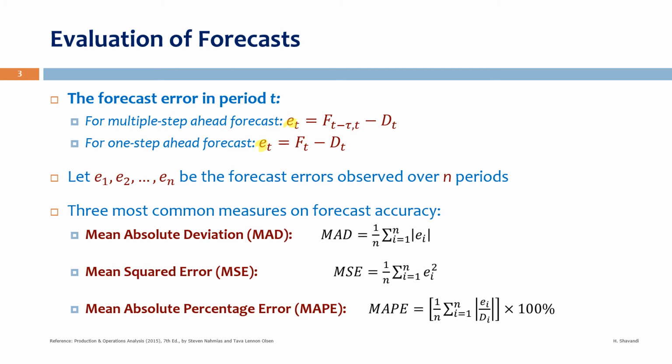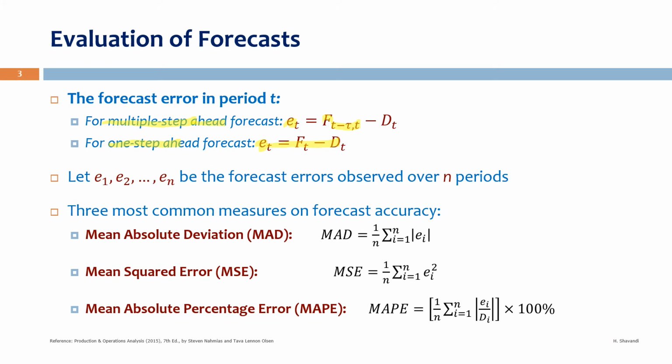So if we are considering a multiple steps ahead forecasting method, then E_t, the error at time t, will be f t minus tau, t minus d_t. Or if we have a one step ahead forecasting model, then E_t will be f_t minus d_t.